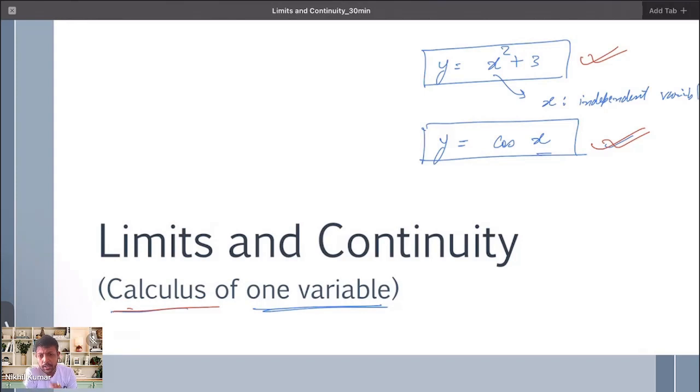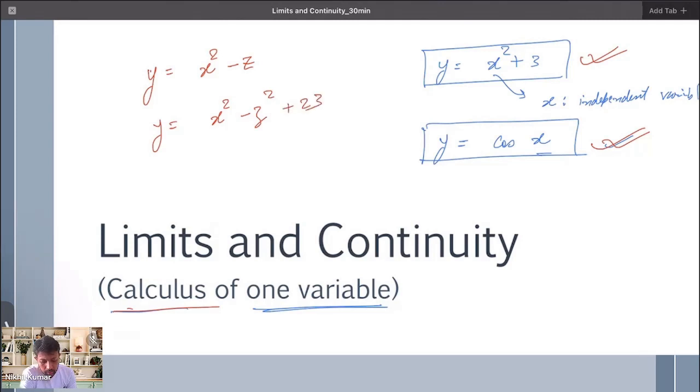Some examples of such functions which we are not going to cover in this session are, let's say, y equal to x square minus z, or y equal to x square minus z square plus 23.